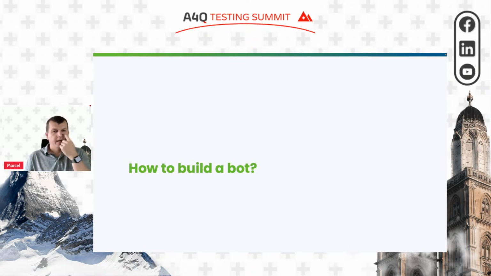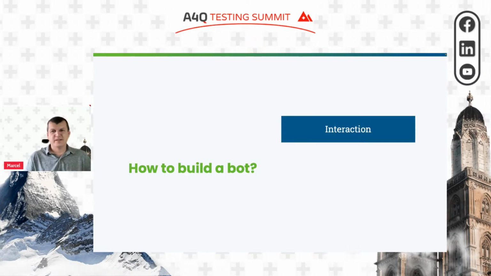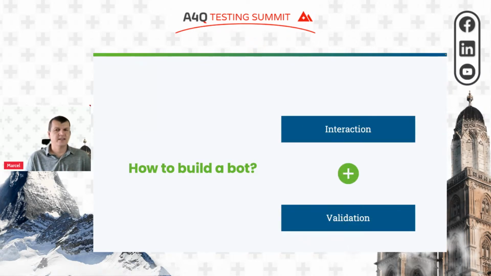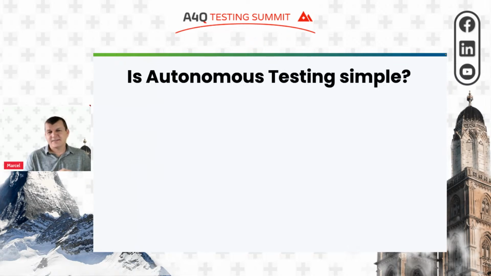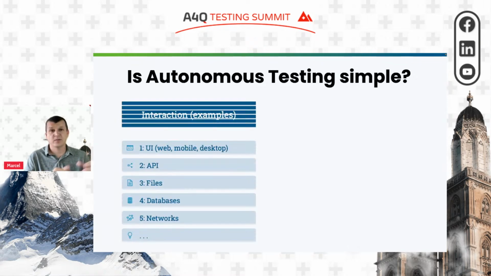It sounds fancy, but what do we need to do to implement a bot into our daily testing practice? I believe in any testing, we need to do some interaction and some validation or assertions, as we call them in test automation. And the question is, is autonomous testing so simple? Interaction and validation? I think yes, but the tricky part is to focus specifically on the problem you are trying to test, or on the topic you are focused on.